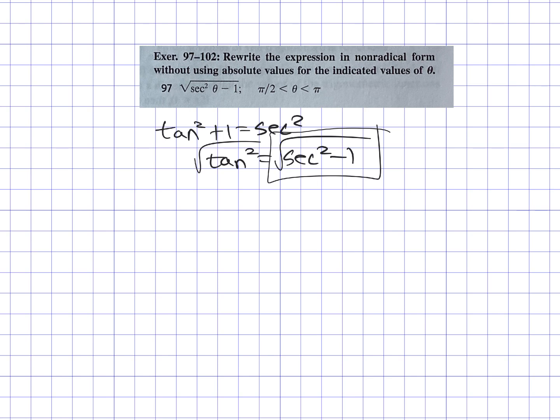So that's equal to the square root of the tangent squared, which is tangent of theta. Now, where's the tangent of theta between 90 and pi? Well, it has to be negative, and that's your answer. It has to be in the second quadrant, and the tangent is negative in the second quadrant.